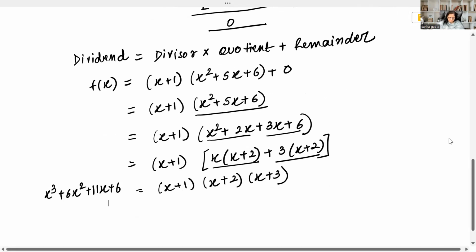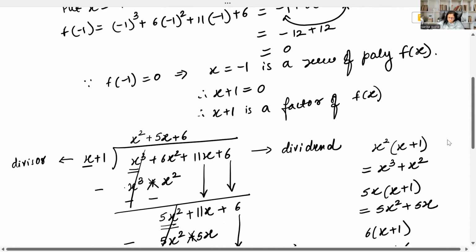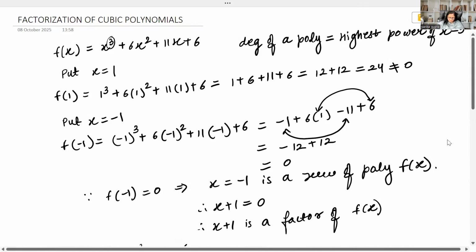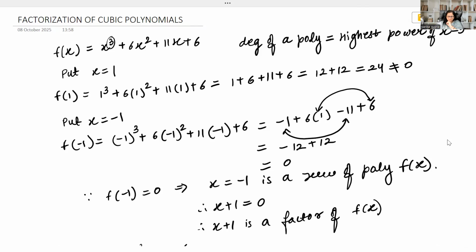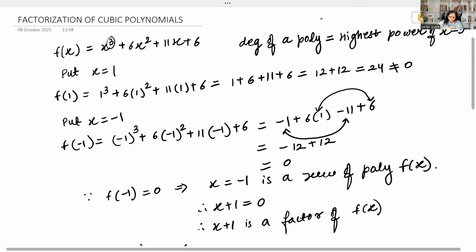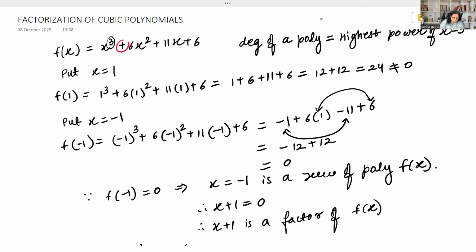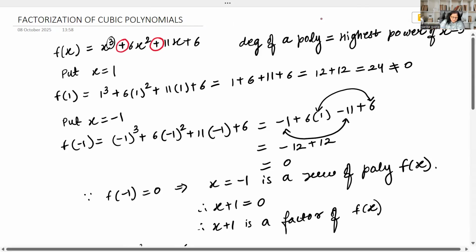Now here, I would like to bring into your notice one fact which will help you to cut down your calculations. Please pay attention to the signs of the given polynomial f of x. Now here you have positive sign, again you have here positive sign, and again you have here positive sign.